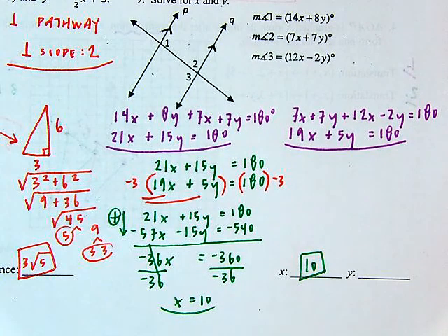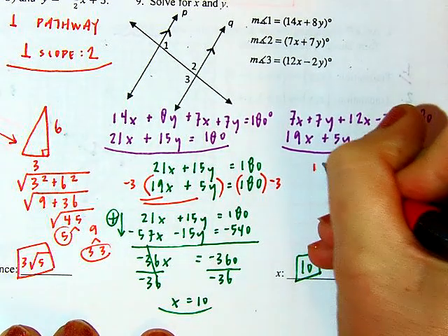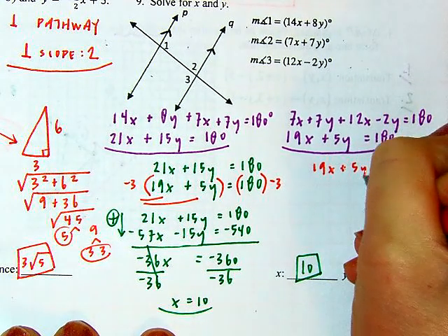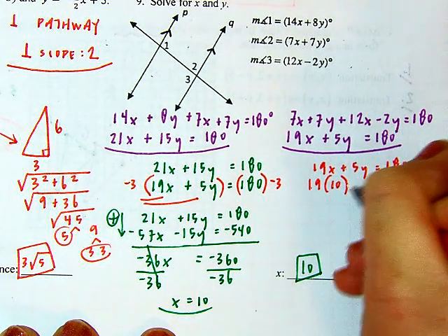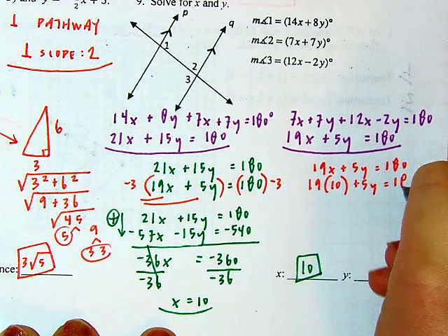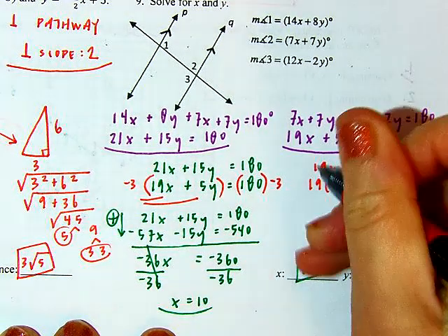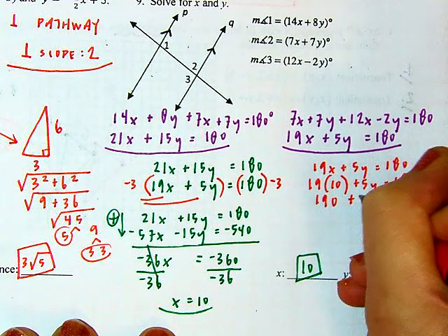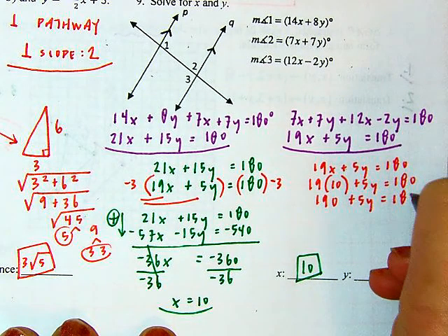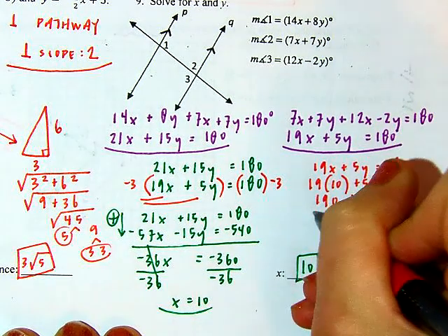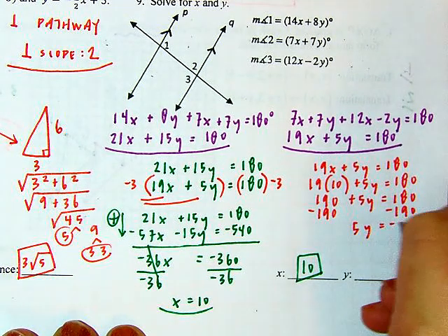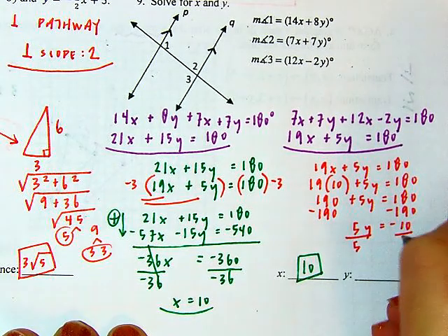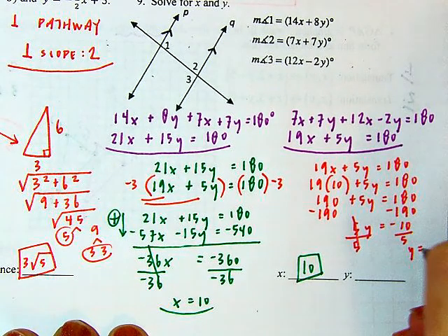Now to go after y, I can pick one of the two equations to plug back into. Let's say 19x plus 5y equals 180, and I plug in 10 for x. 19 times 10 is 190, plus 5y equals 180. Taking away the 190, 5y equals negative 10. Dividing by 5, I get that y equals negative 2.